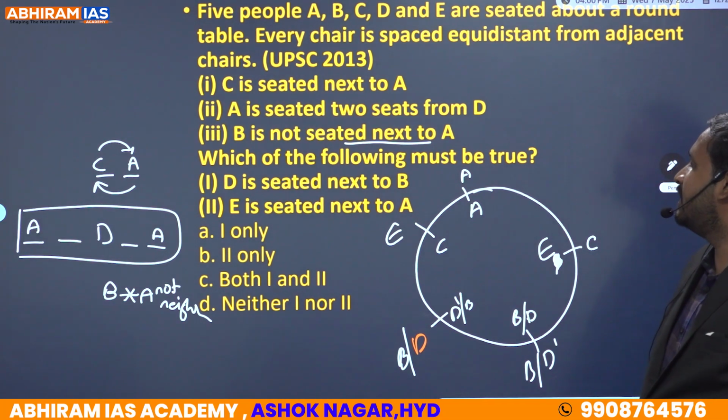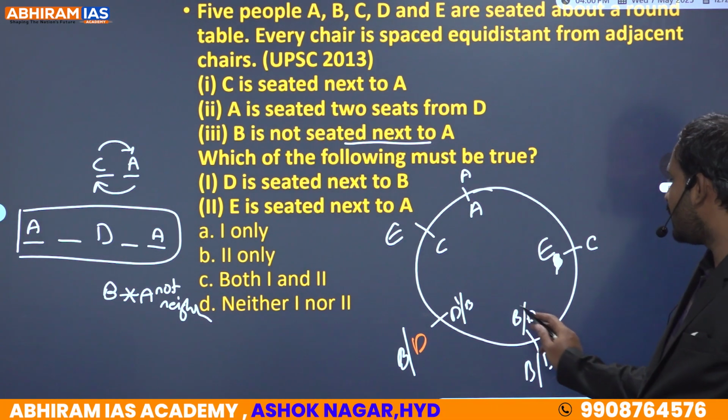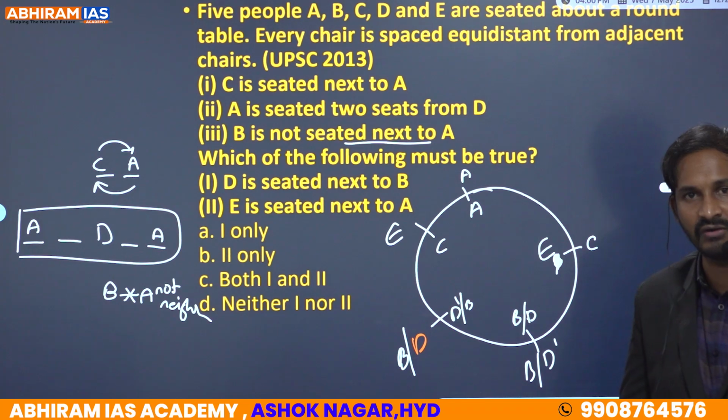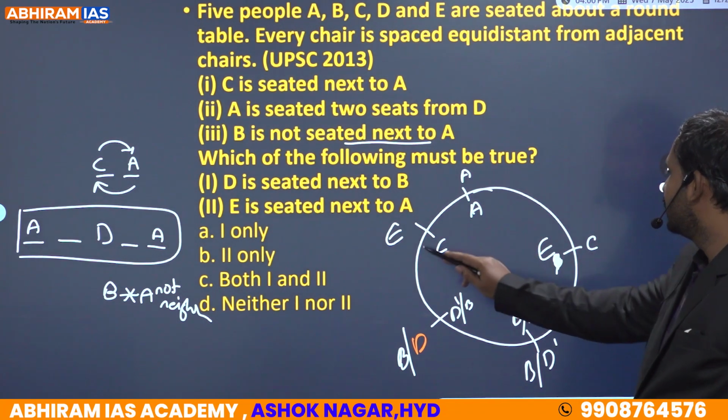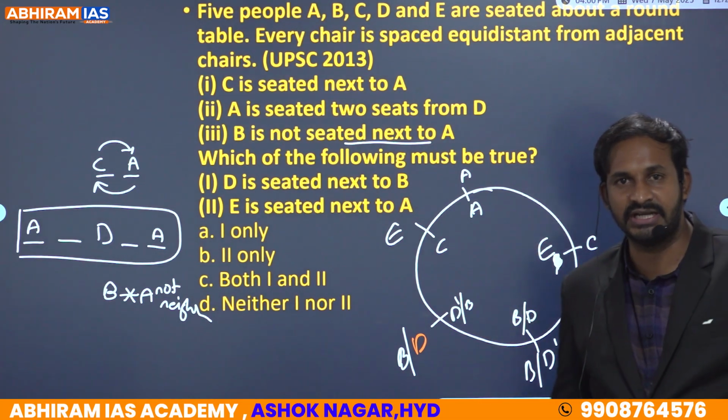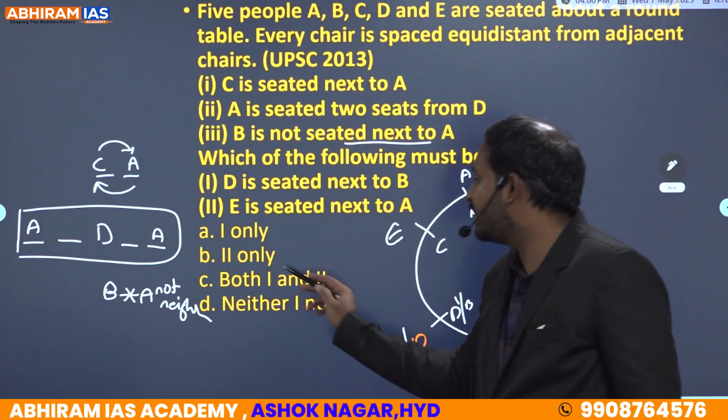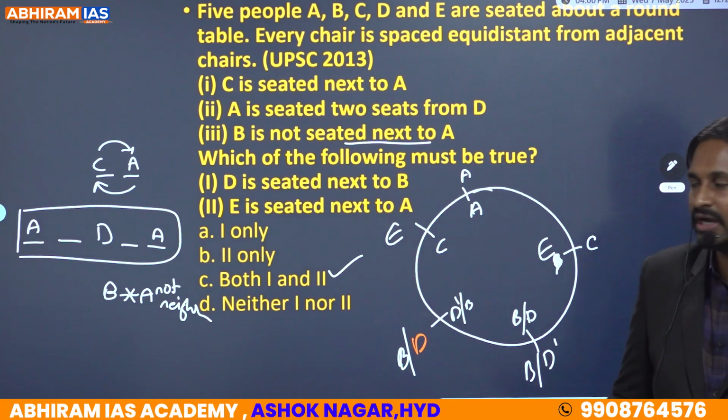Okay, now, D is seated next to B. Yes, obviously D and B will always be seated next to each other. E is seated next to A. Here also A. Anyway, E should be seated next to A. So, here both 1 and 2 are correct. Why?